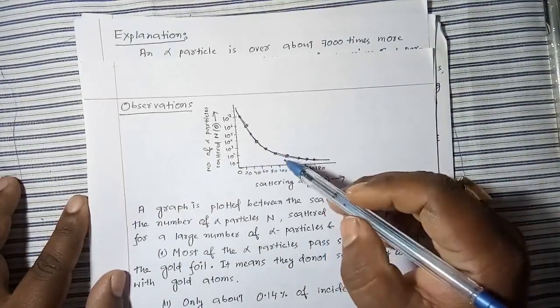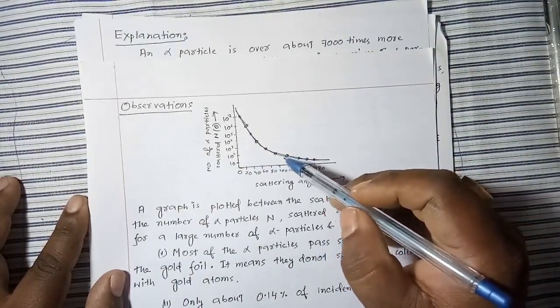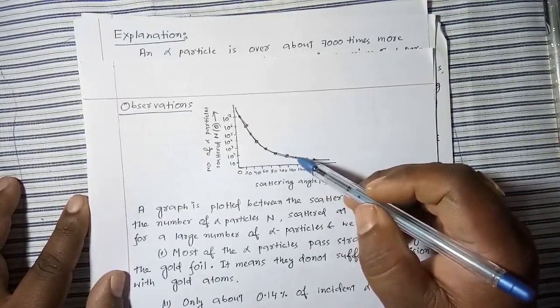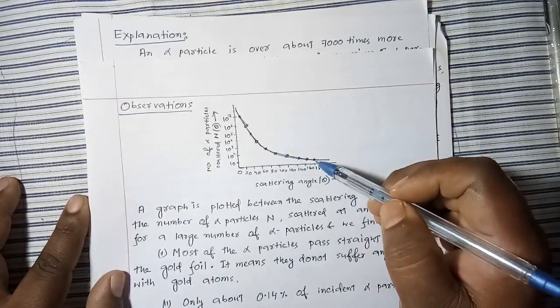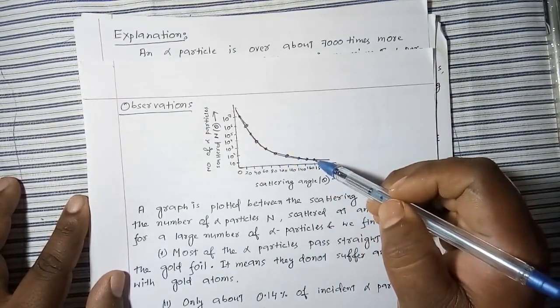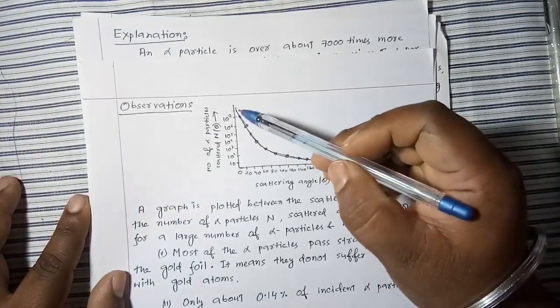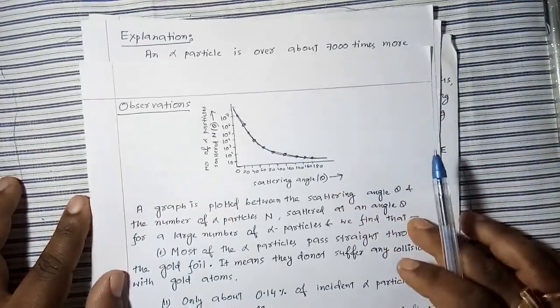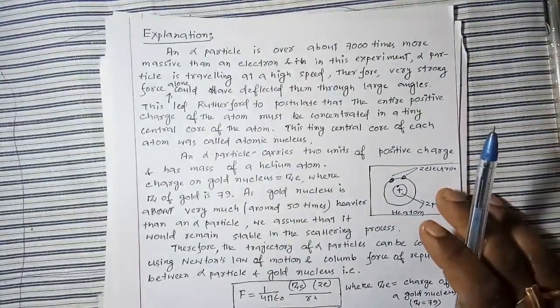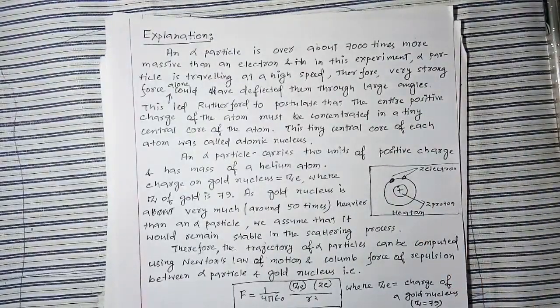Am I right? And the number of alpha particles that experience a very high angle deviation is very small. And the number of alpha particles that reverse back in the same path is very, very small compared to this. So the curve will be like this.